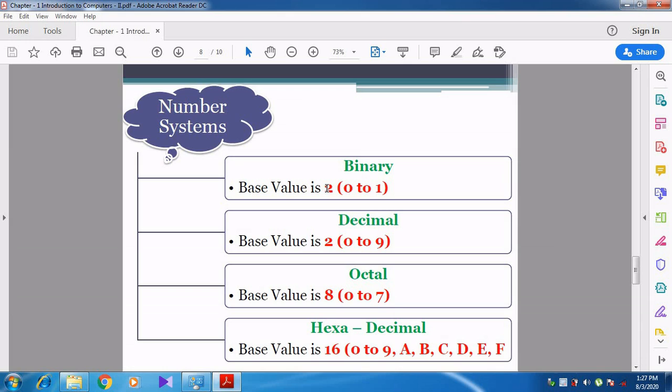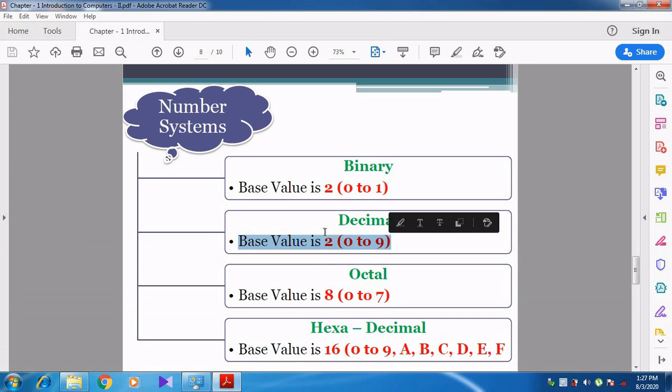The binary number system means it has the base value 2, that is 0 and 1. It contains only two values, 0 and 1. What about the decimal number system? The decimal number system has the base value 10. Actually, here it is given wrong.